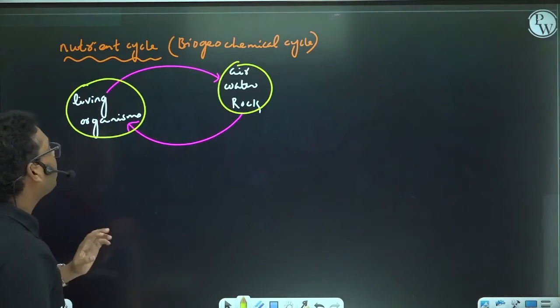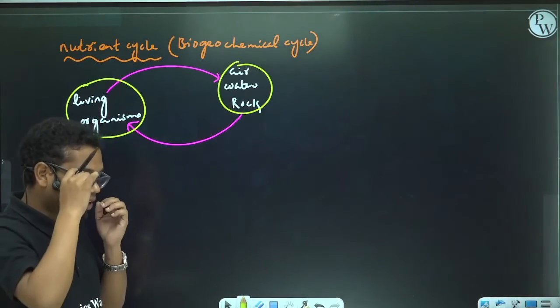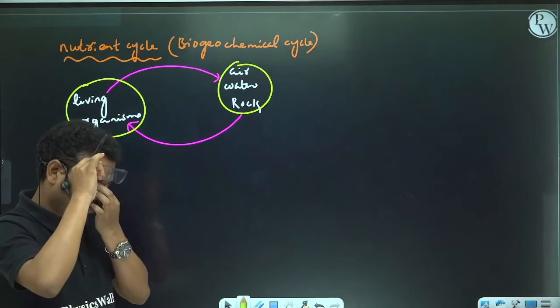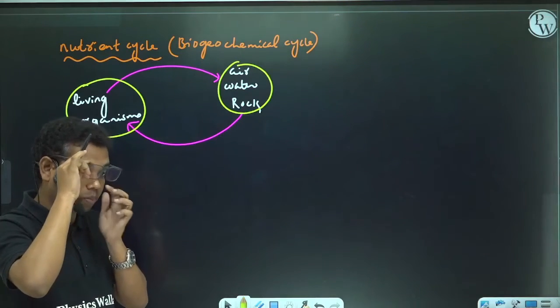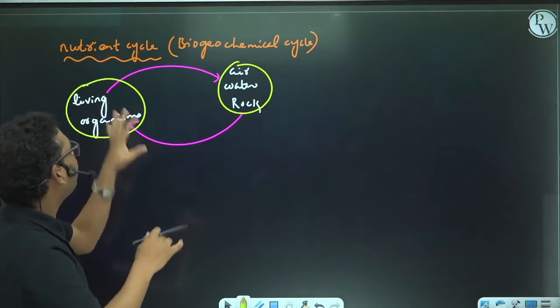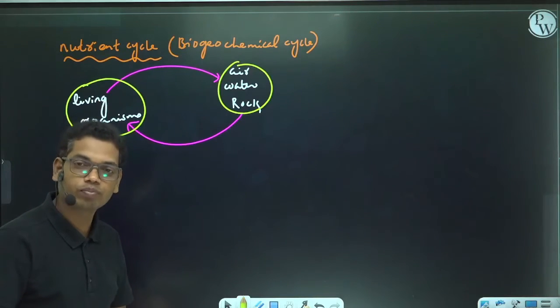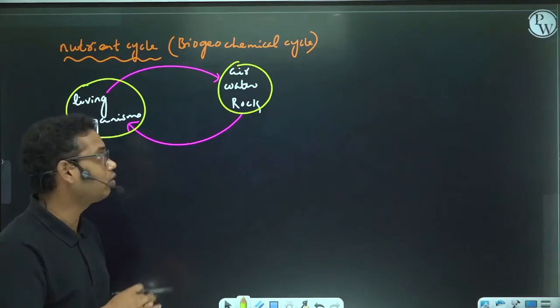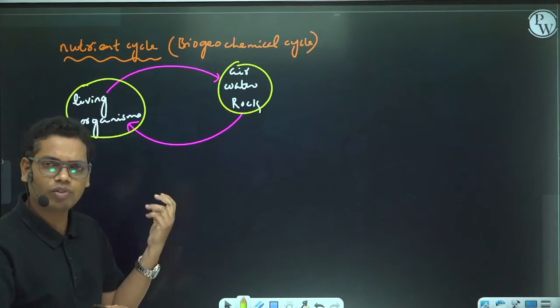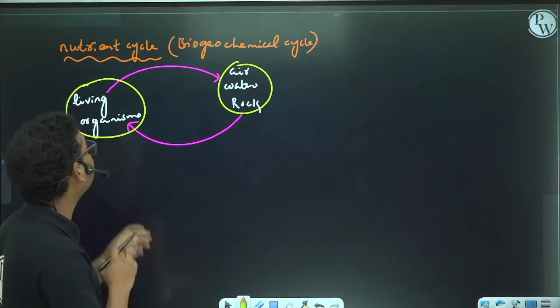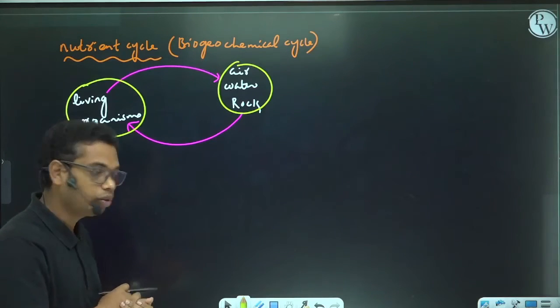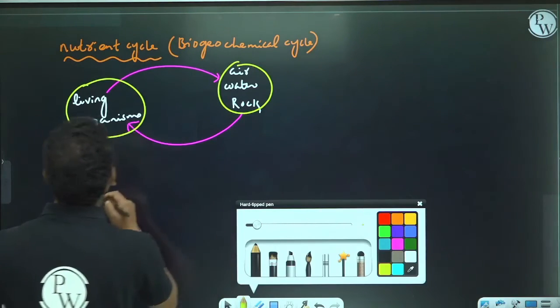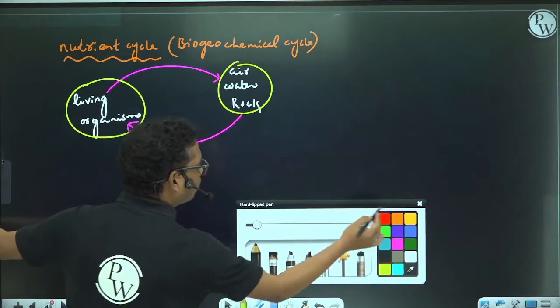Now based on the source, the reservoir pool, this nutrient cycle can be classified into two groups. Reservoir pool means the source of the nutrient. Based on the reservoir pool, the nutrient cycle is of two types.